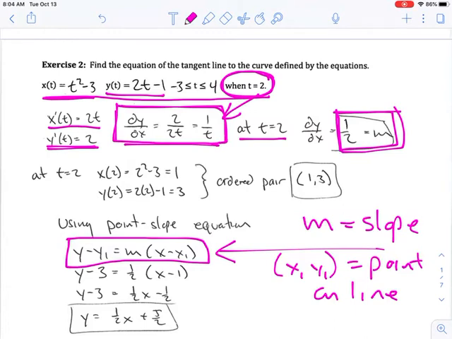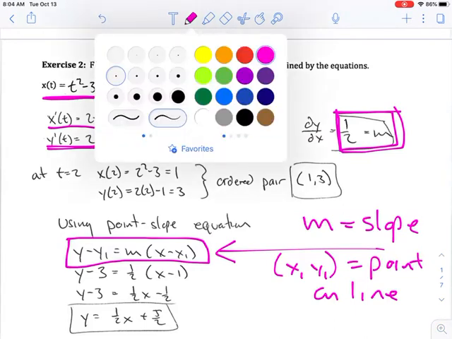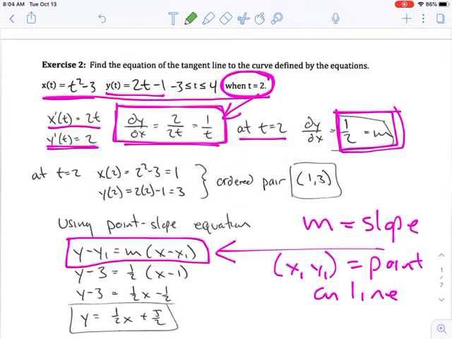Once again, I go back to my parameter, which is t equals 2, and I substitute that into both of my parametric equations. When t is equal to 2, x is simply t squared, or 2 squared, minus 3, which is 1.